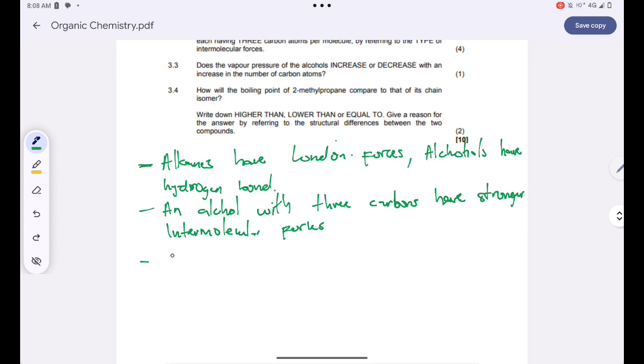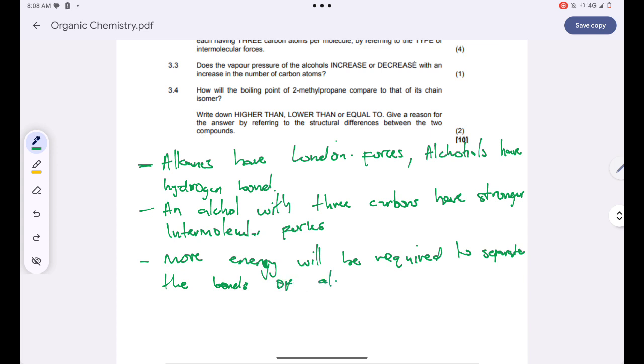Okay, and then hence more energy will be required to separate the bonds of the alcohol.